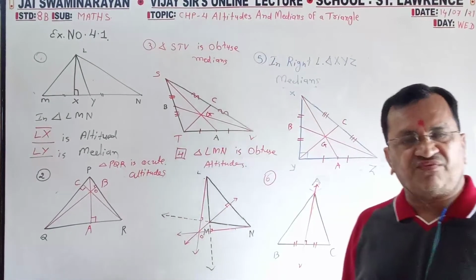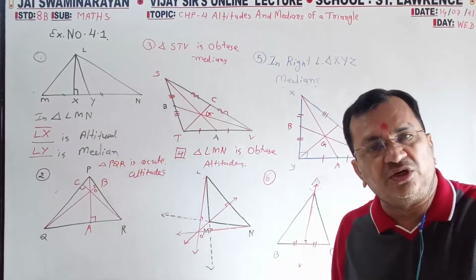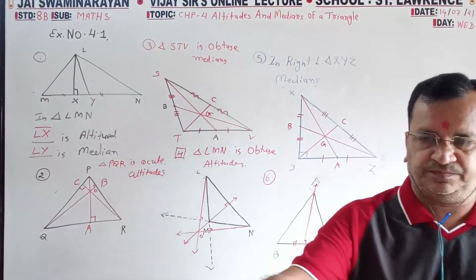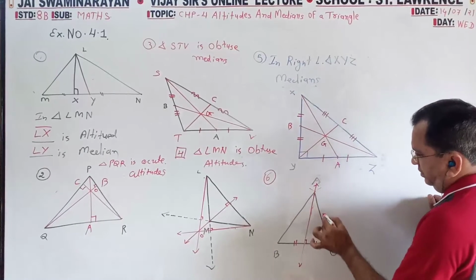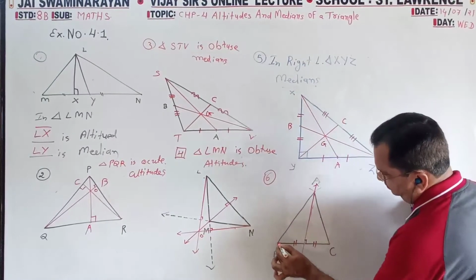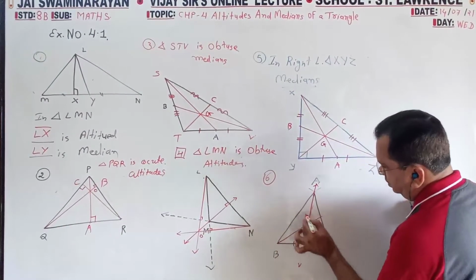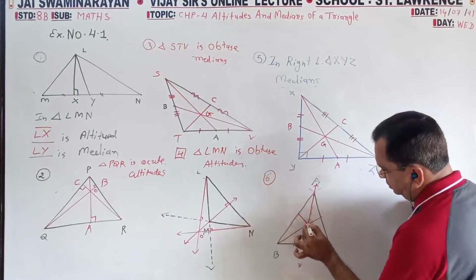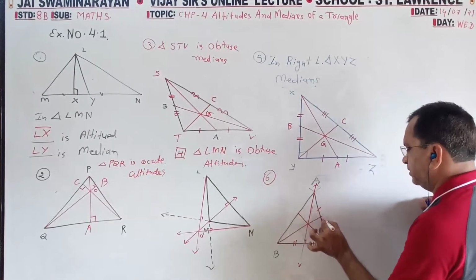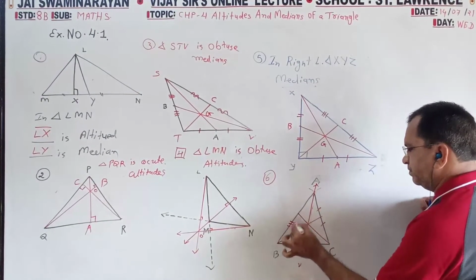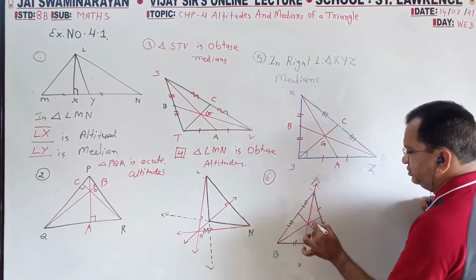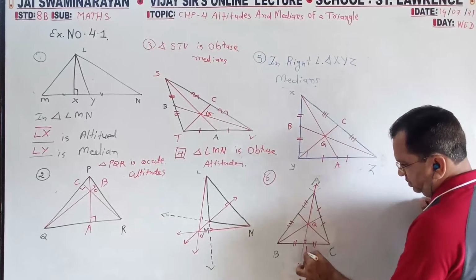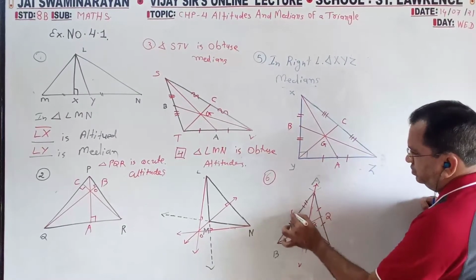The perpendicular itself is the altitude and also the median. Second, we'll find the midpoint. We'll find the midpoint. So now this midpoint is G. This is P, Q, R.